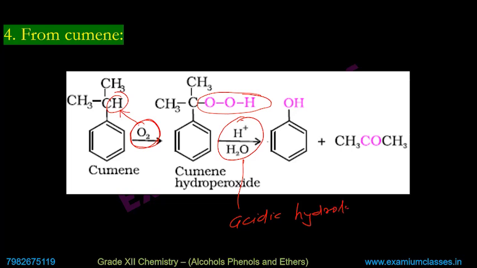But you get a mixture of phenol and ketone here. These can be separated easily because they have different boiling points.